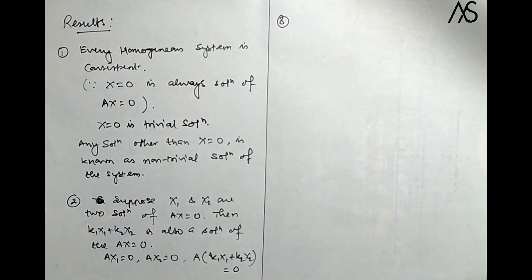Number 3: if A is the coefficient matrix of a homogeneous system, then after applying any number of elementary row transformations, it will remain the coefficient matrix of the given system of equations. Listen carefully.